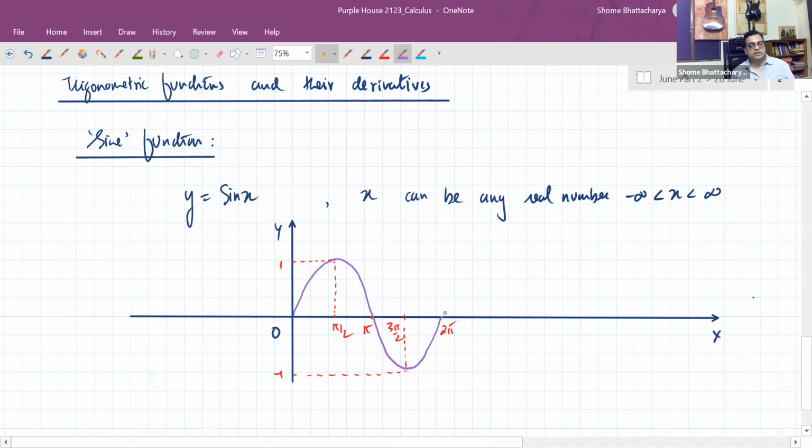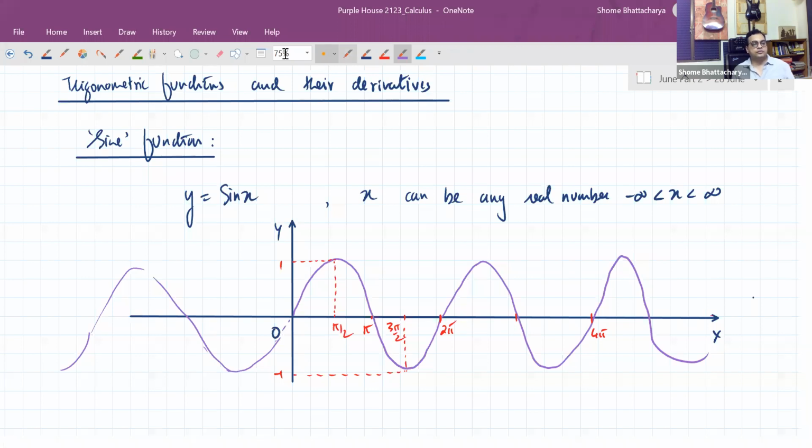And thereafter this repeats itself. So this graph keeps on going like this. Each cycle of 2 pi is the same. What's happening from 0 to 2 pi, the same thing is happening from 2 pi to 4 pi, the same from 4 pi to 6 pi, and similarly even before that. So this graph is what we call a continuously periodic graph.